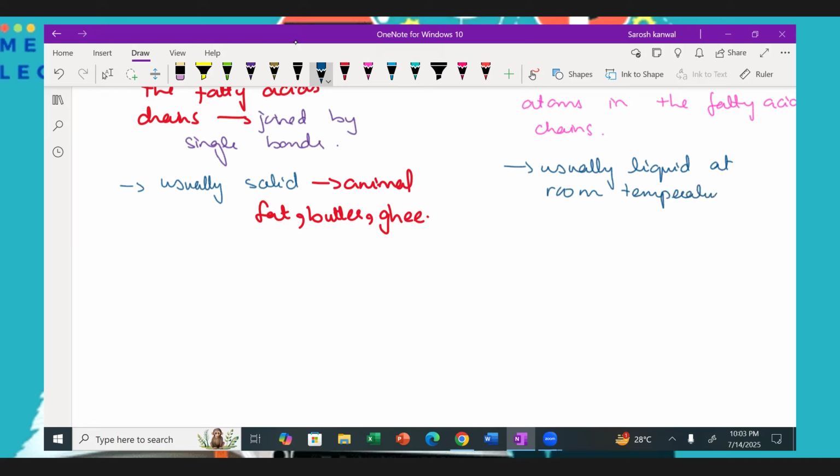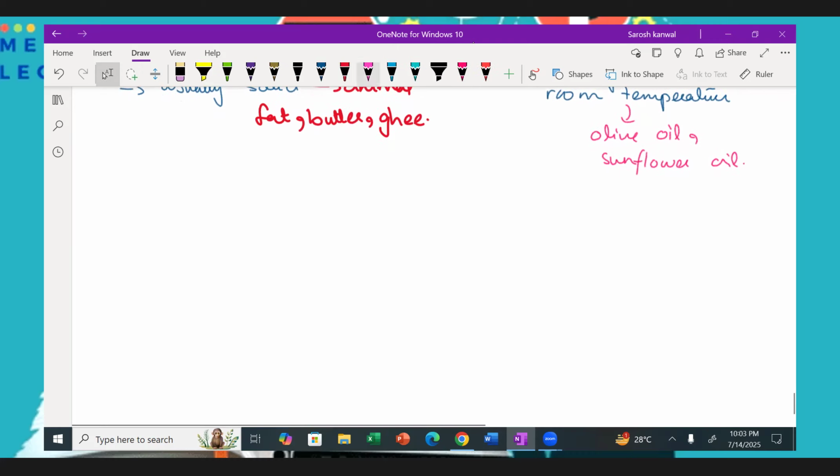What could be the examples for that? It could be olive oil, sunflower oil, vegetable oil, right? What could be the sources in case of saturated fatty acids?